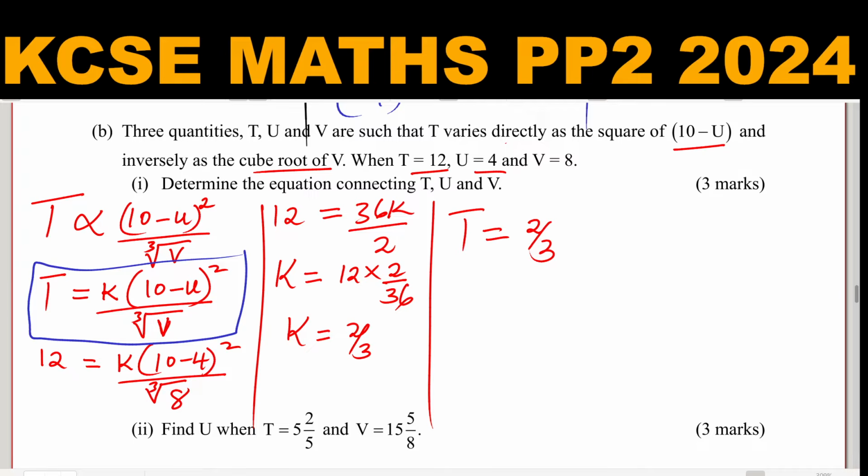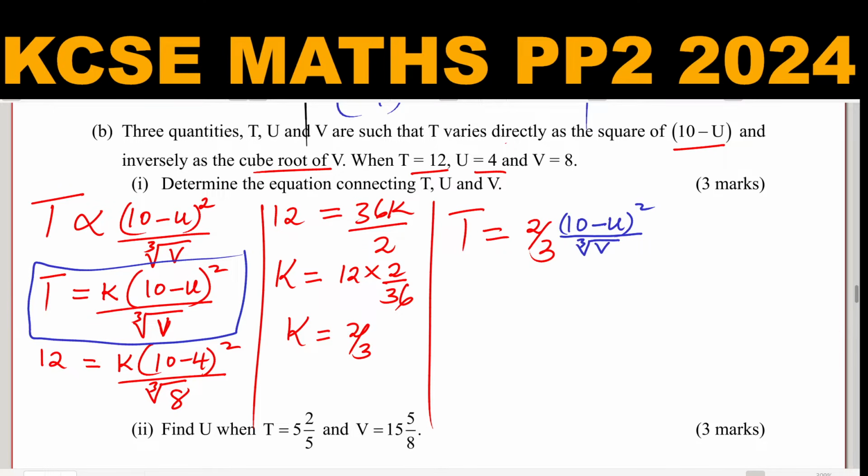So 2/3, and then 10 minus U squared, and then everything divided by the cube root of V. So that is how you're supposed to write it. 2/3 is supposed to multiply everything there. So when you put it like that, it is okay.